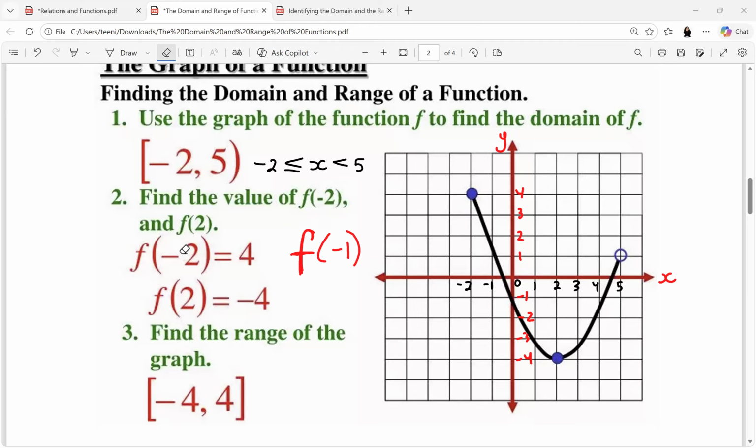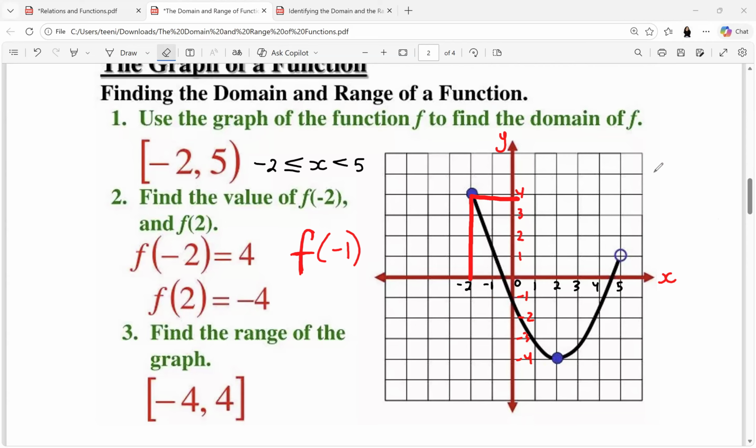Let me show you what f of negative 2 and f of 2 is again, and then you'll tell me, right? So f of negative 2, let me show you. This is where negative 2 is, right? So f of negative 2 would be from here, and the value of y that corresponds with when x is negative 2 is 4.